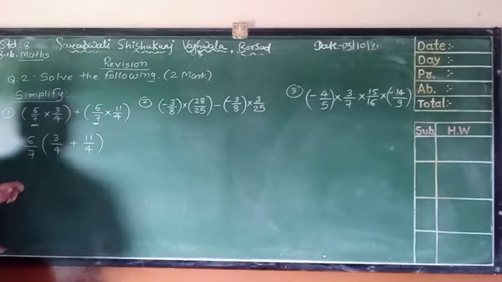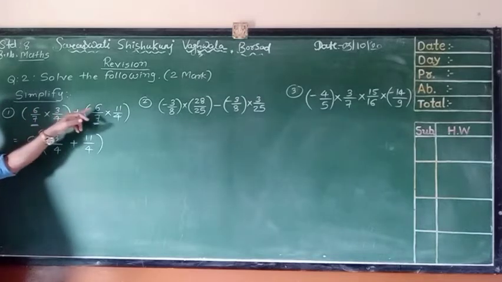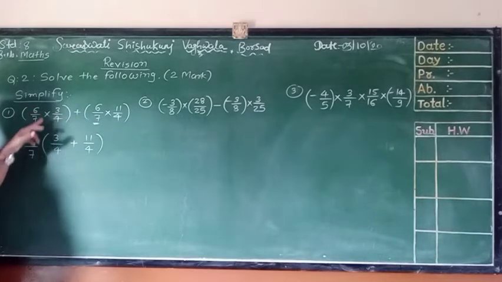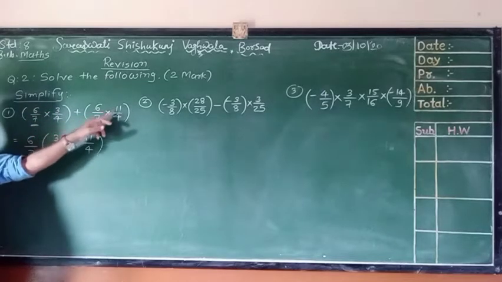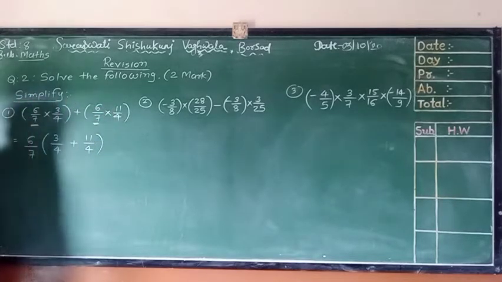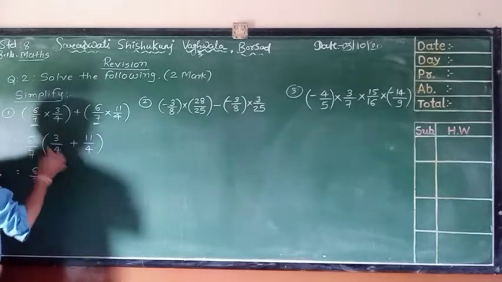Is it clear beta? In this first bracket 6 by 7 is common, in the second bracket 6 by 7 is common, so the remaining terms are 3 by 4 plus 11 by 4. Now see this 6 by 7. Here first we will simplify the small bracket.